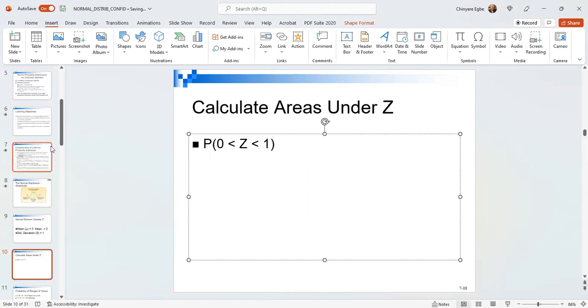So essentially this is to ask the question, what percentage of the area is between 0 and 1?